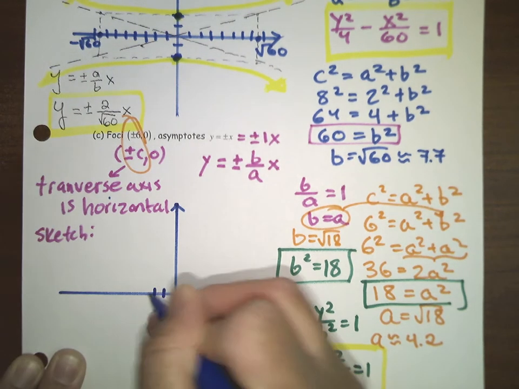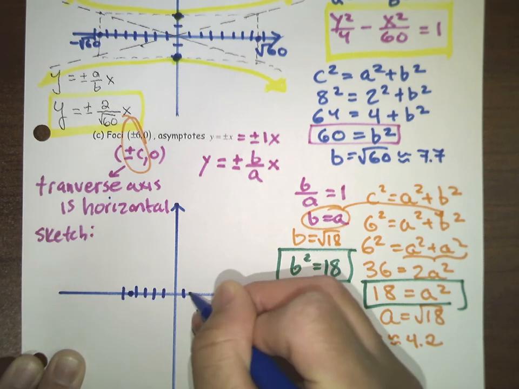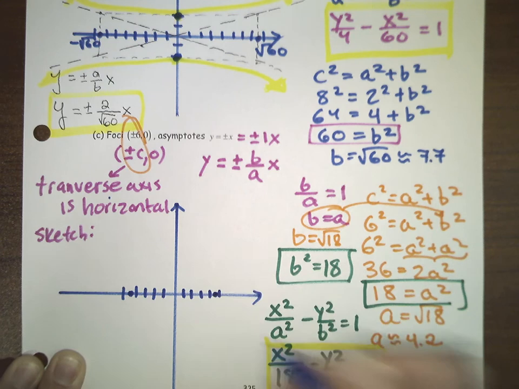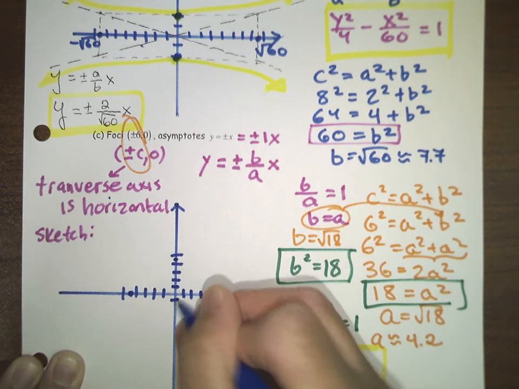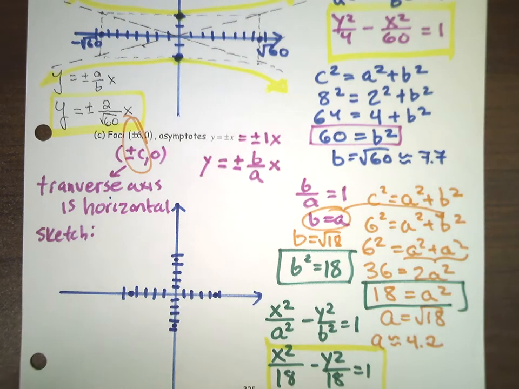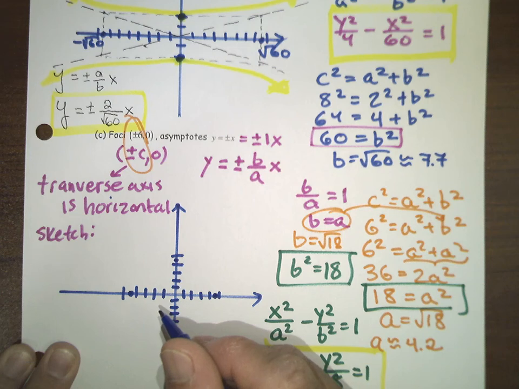So we have 1, 2, 3, 4.2, and 1, 2, 3, 4.2, and then 4.2 up on the y-axis, and 1, 2, 3, 4.2 down on the y-axis. So you can label all these if you would like.